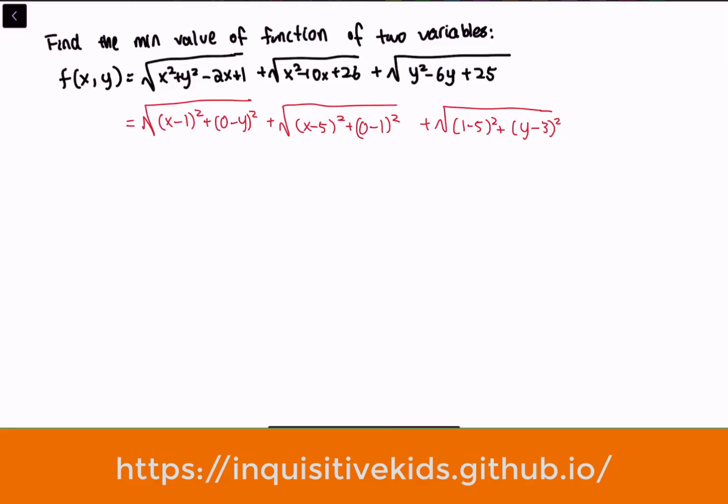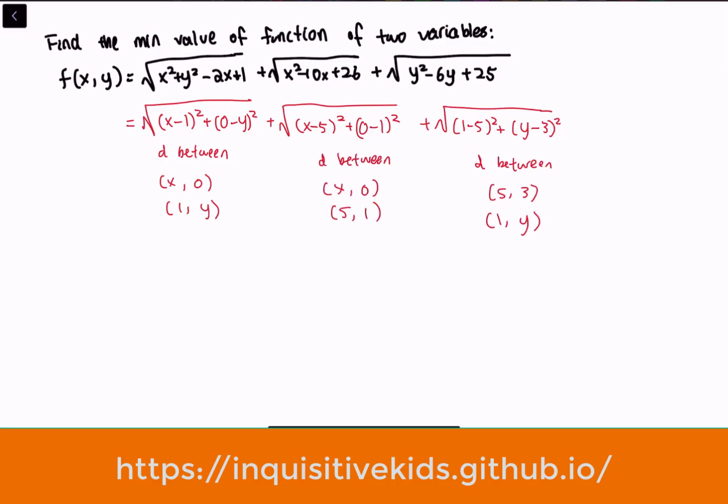So I kind of tried to create the same point that will appear multiple times. So the first radical represents the distance between 2 points, (x, 0) and (1, y). I factored these three radicals specifically so that we would have the same points appear multiple times, like (1, y) and (x, 0).